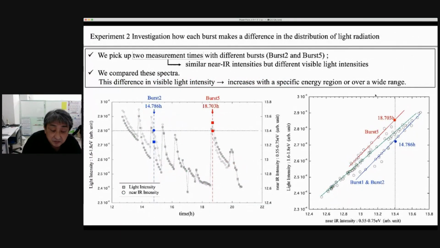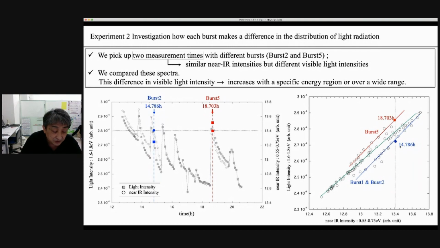Next, we investigate the difference in the distribution of light emission between different burst groups. First, we pick two different measurement times, in burst 2 or 3, and burst 5. In this figure, these times have almost the same near-infrared intensity, but different visible light intensity.